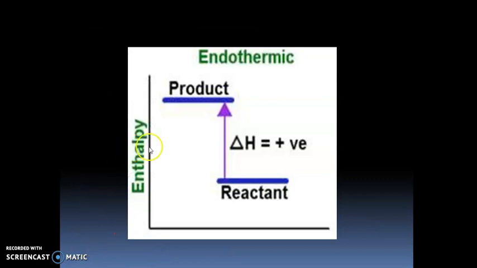Let's consider the energy diagram of an endothermic reaction, in which we can see the energy or enthalpy of the product is higher than the reactant. So whenever reactants react together, they need some energy. This is the gap of energy which is absorbed by the reaction.